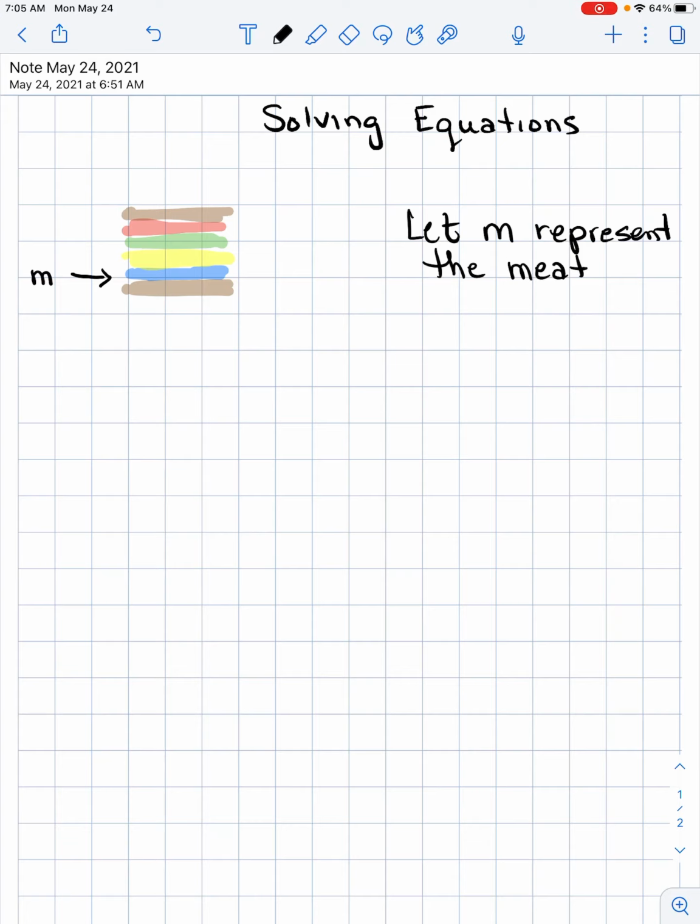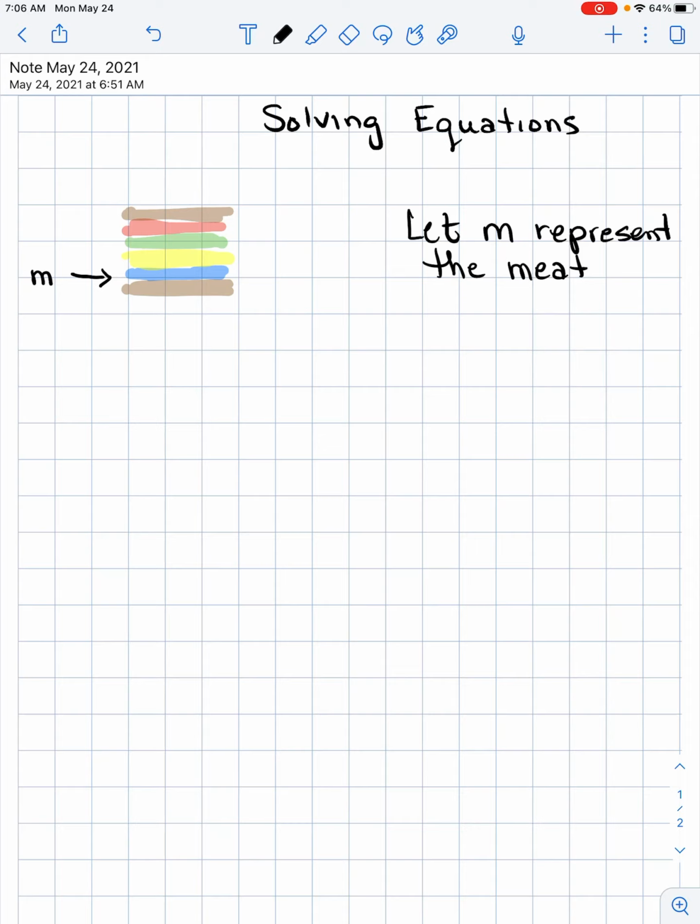In algebra, we are being given the sandwich, okay? We're being given the equation with what we usually call, what we up until now have called our answer. And we have to deconstruct or take the sandwich apart or undo what was done to the variable.